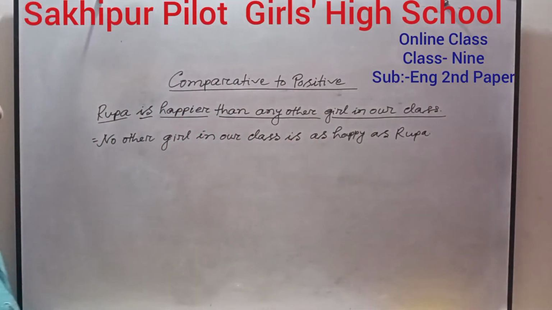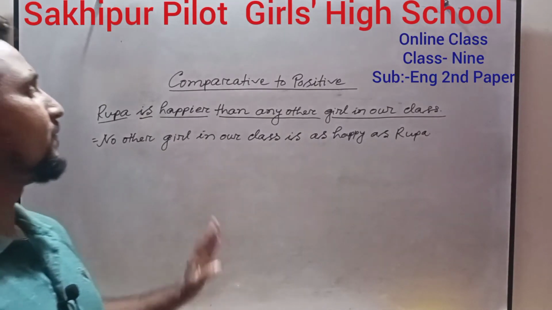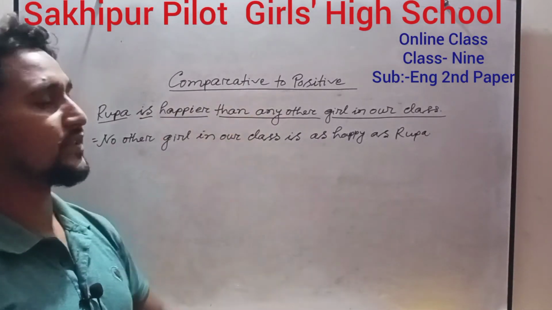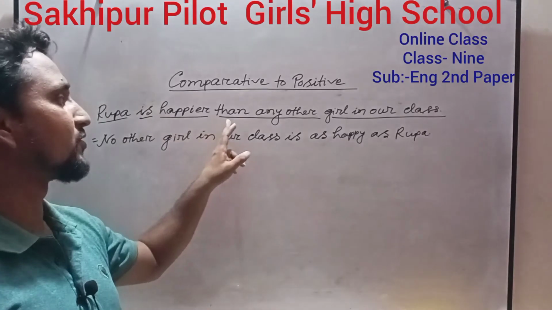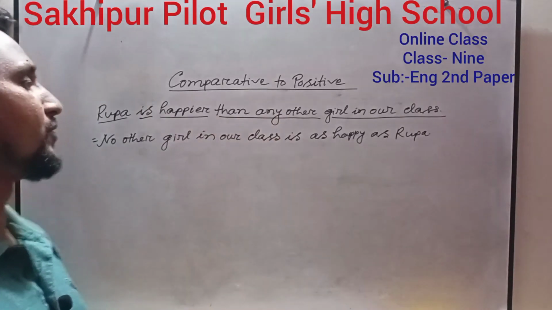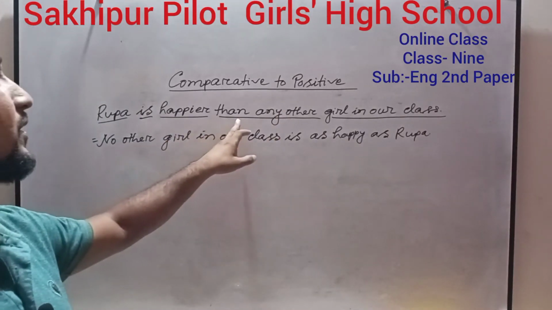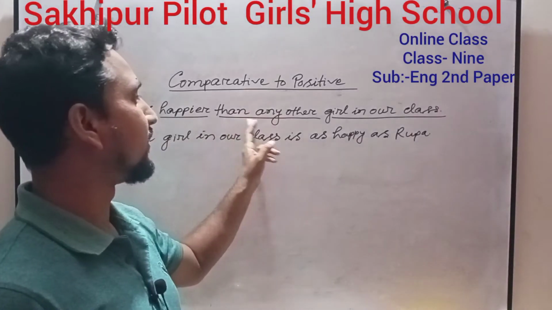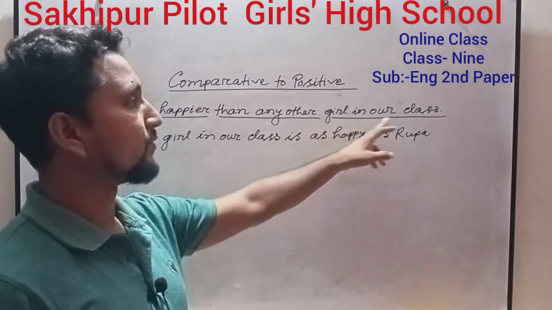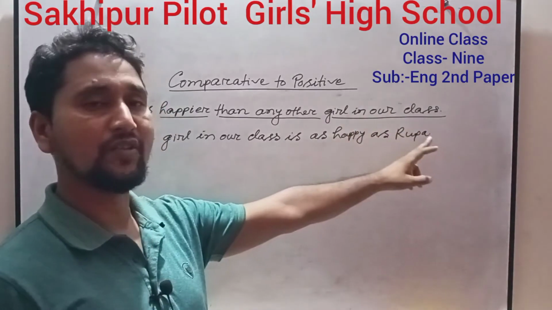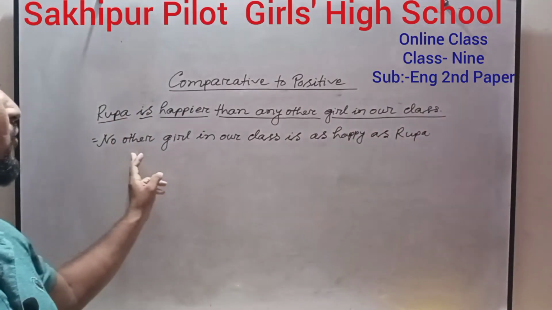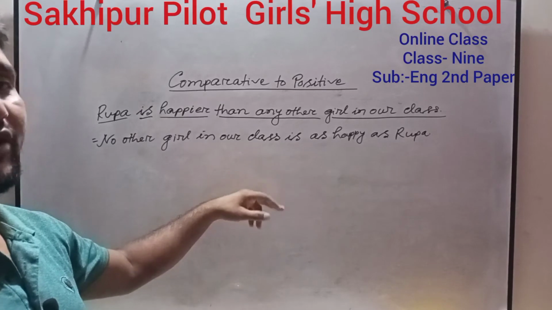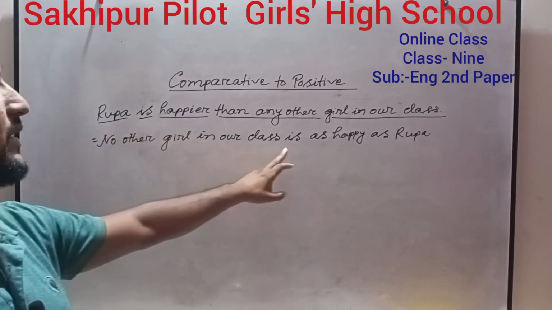Please listen to me carefully. If you want to change comparative to positive and this sentence belongs to "than any other", at first you have to write "no other" instead of "than any other". Then you have to write after "than any other" up to the last of the sentence, girl in our class. No other girl in our class. Then you have to write the verb after the subject, is.